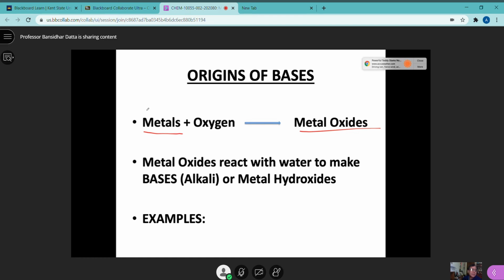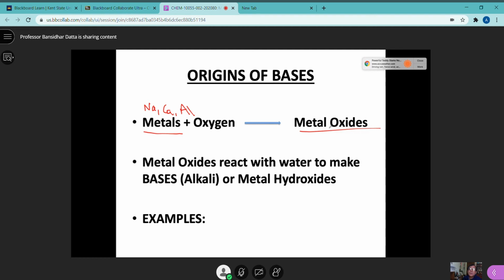You know the metals: sodium in group 1, calcium in group 2, aluminum in group 3. Sodium, potassium, rubidium, lithium, calcium, magnesium, strontium, barium, aluminum, gallium, indium are all metals.